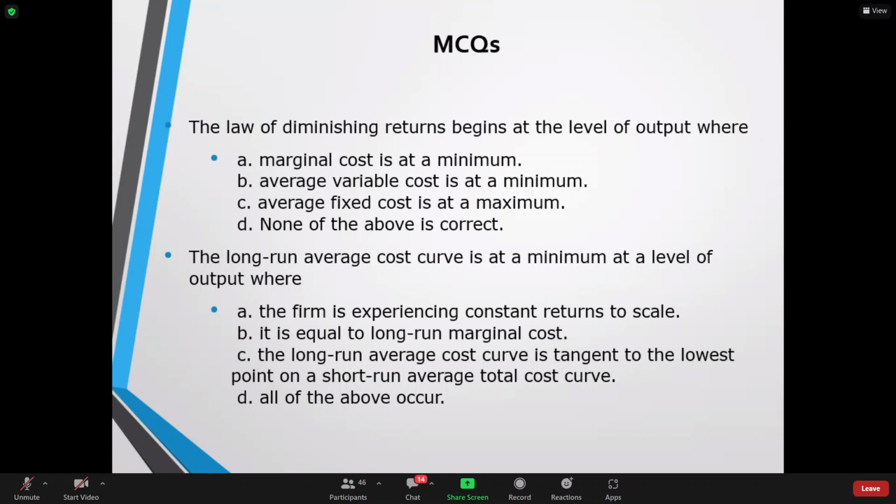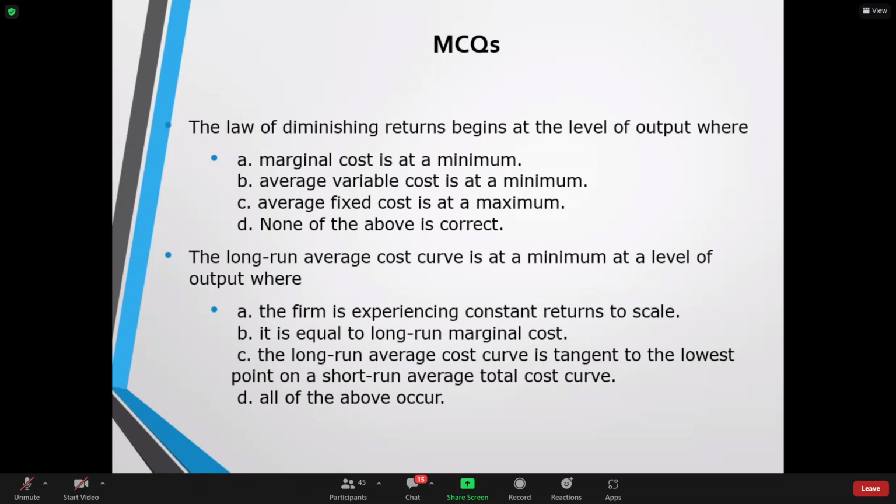This is something we have discussed. How many days now are we discussing this area? You should give the answer like this. Answer D. Okay, 2 people have given answer D. Somebody is giving answer C. Okay, long run average cost is at the minimum at the level of output.